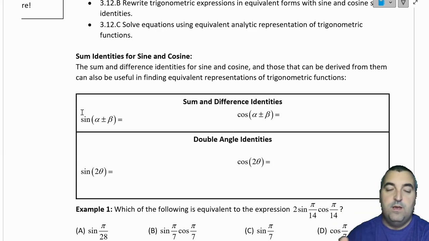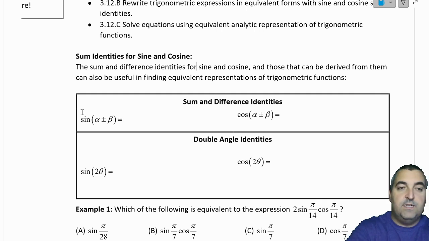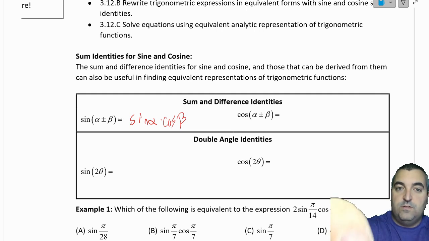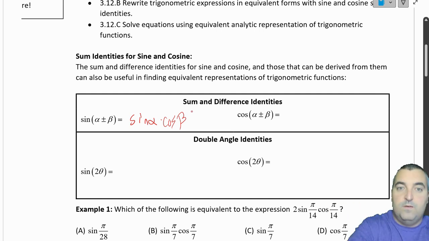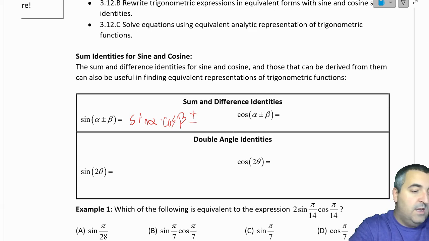So we have the sine of two angles, alpha plus beta, or alpha minus beta. It's going to be the sine of alpha times the cosine of beta, plus if it's plus, but if you're subtracting the angles, it's going to be minus, and then the cosine of alpha times sine of beta.